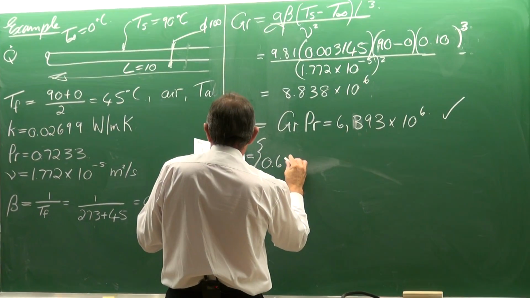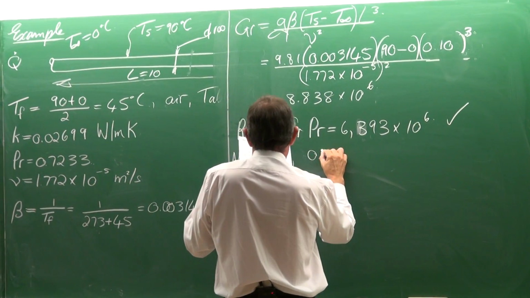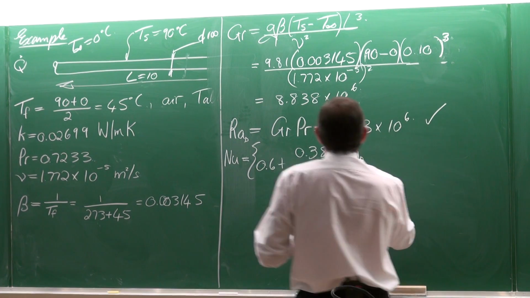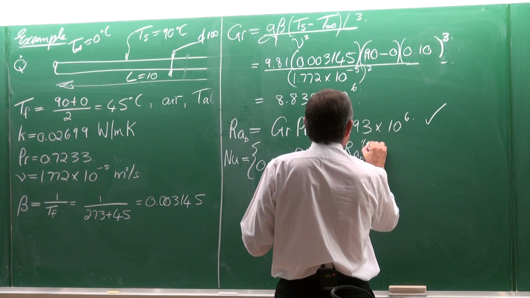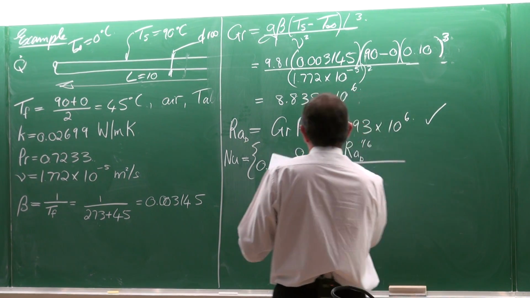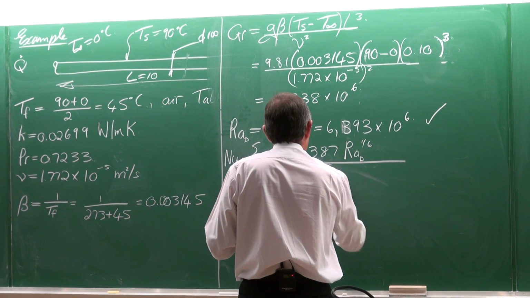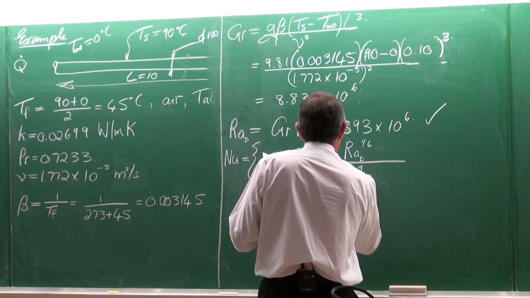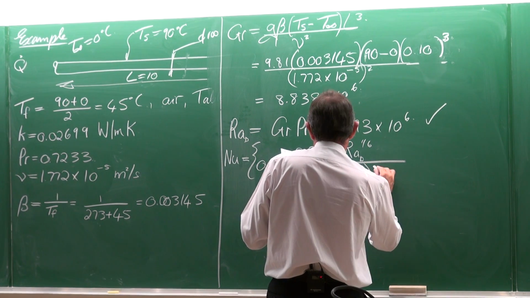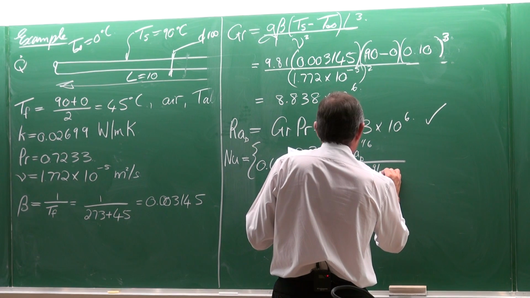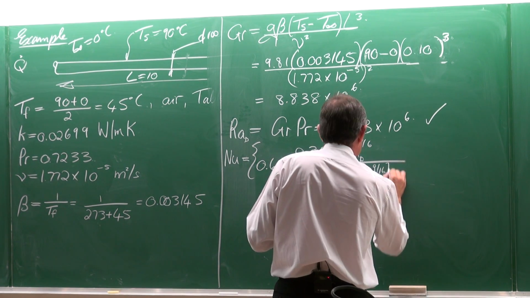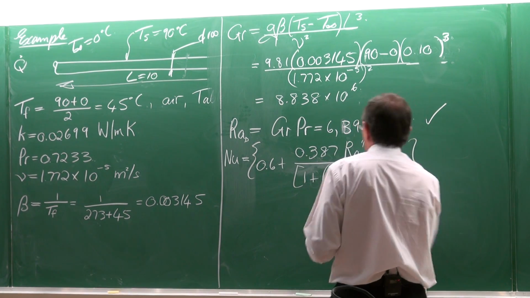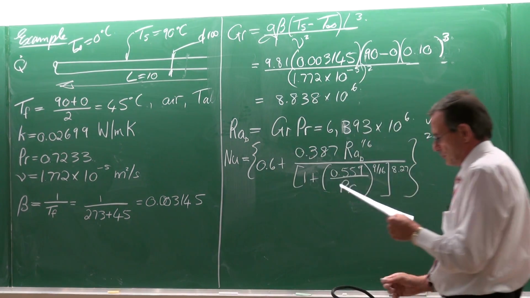It is equal to 0.6 plus 0.387 multiplied by the Rayleigh based on the diameter to the 1/6 divided by 1 plus 0.559 divided by the Prandtl number multiplied by the power of 9/16, then everything to the 8/27, and then everything must also be to the second.